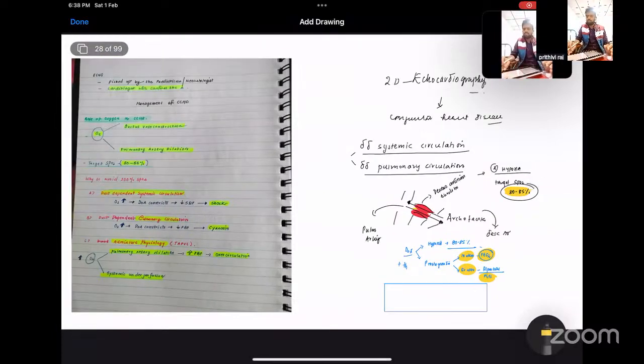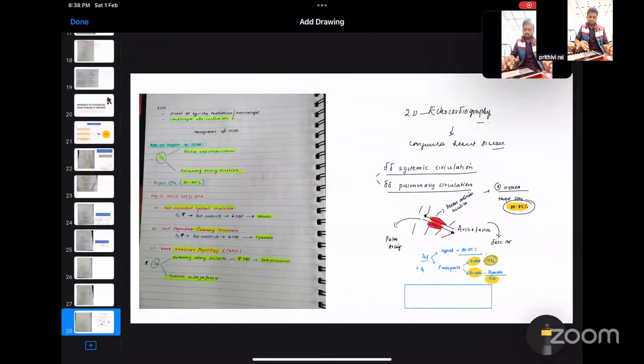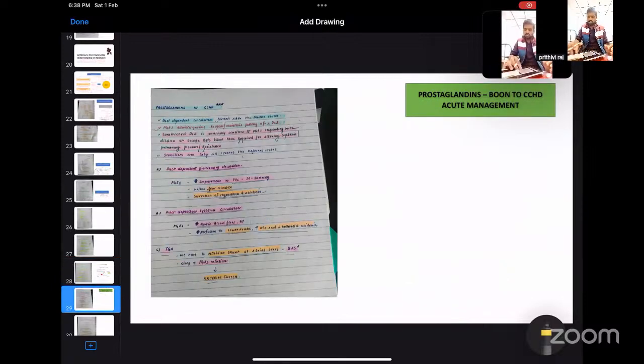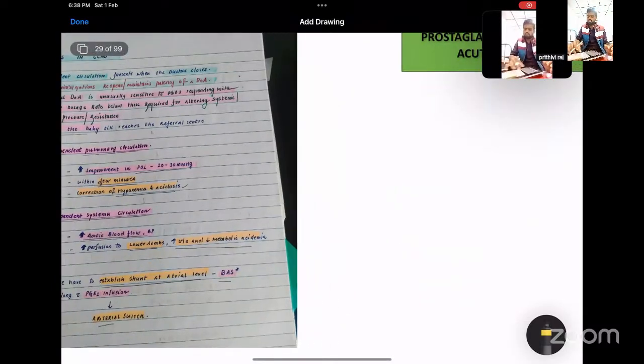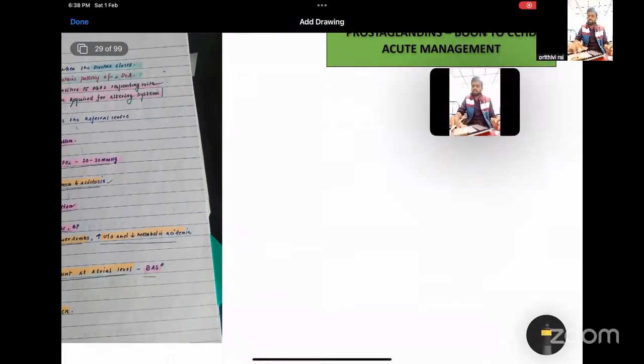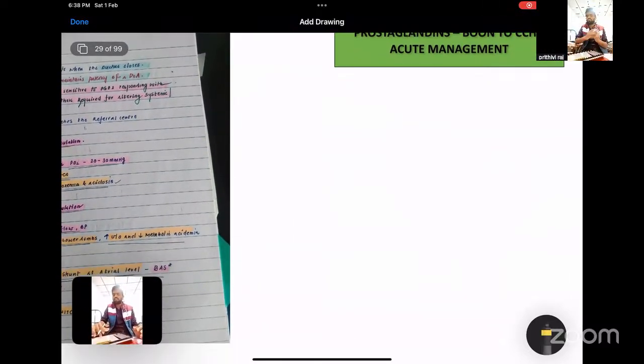So let's have some details regarding this prostaglandin. As per recent guidelines, prostaglandin is a boon in the acute management of congenital cyanotic heart disease. Whenever you see any child with persistent cyanosis, not responding to the routine management for respiratory distress syndrome, or for shock, like when you are suspecting sepsis, and despite that the child is not improving, you should always keep cyanotic congenital heart disease in your mind.